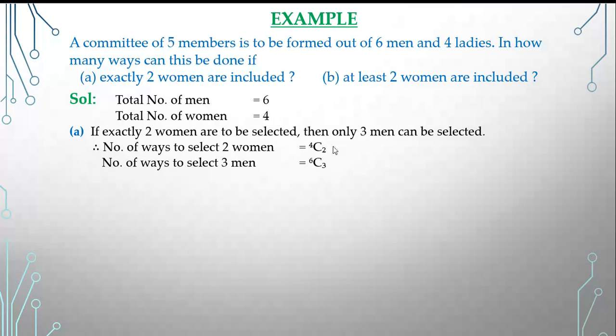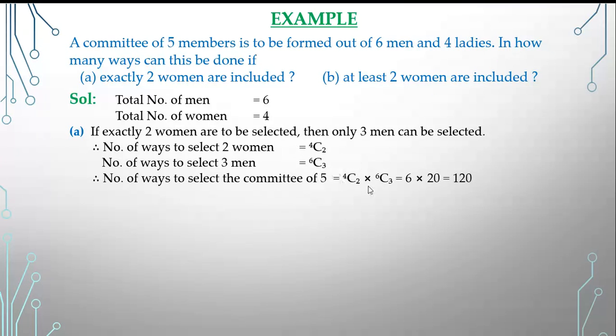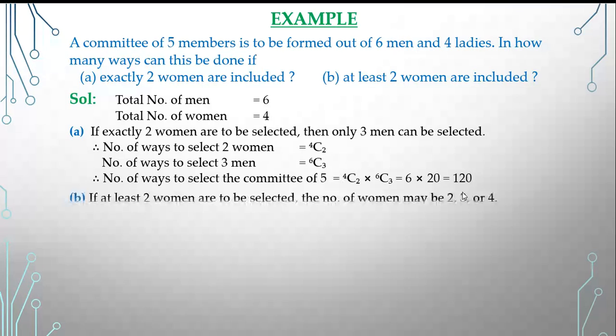Our task will be completed if we multiply these, 2 from here, 3 from here. So we multiply 4C2 by 6C3, and it gives 120. So we have 120 ways to choose the 5 committee members.